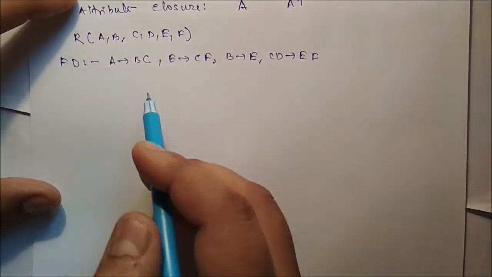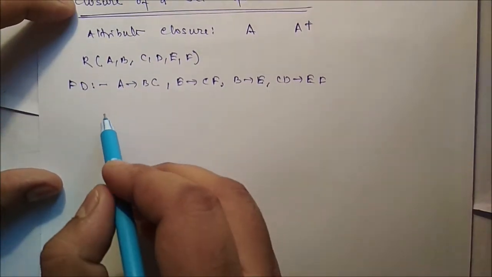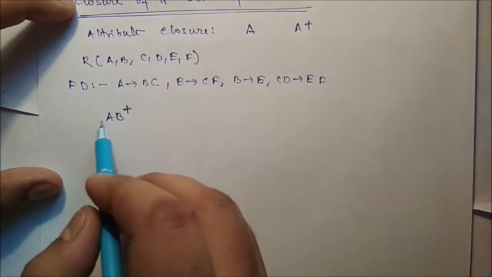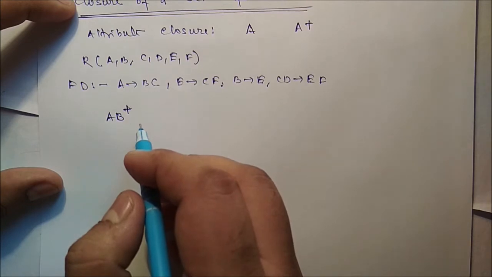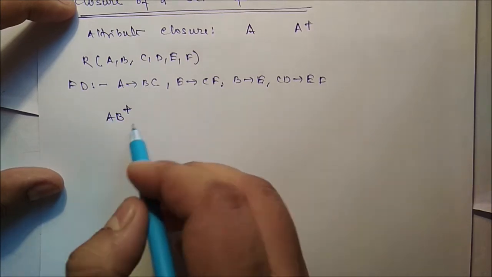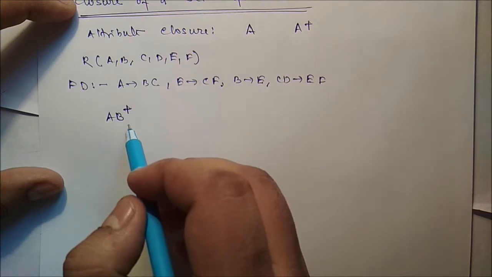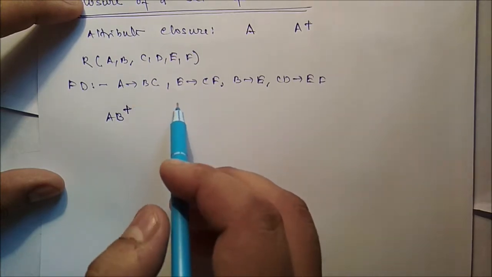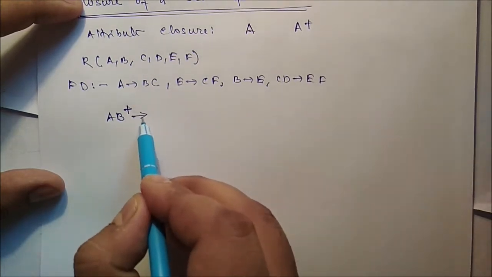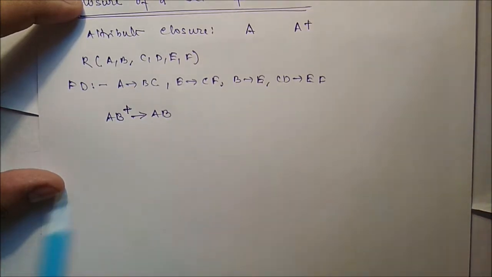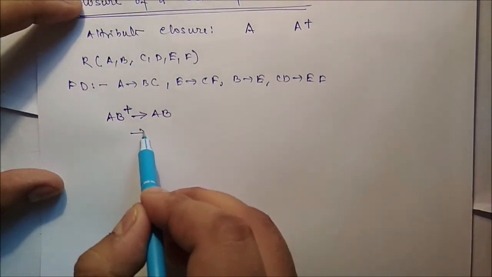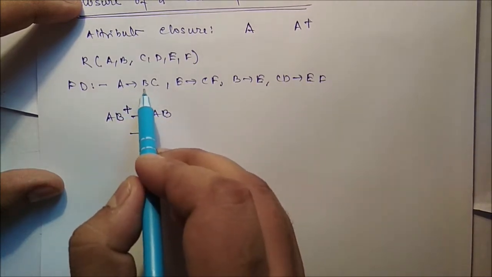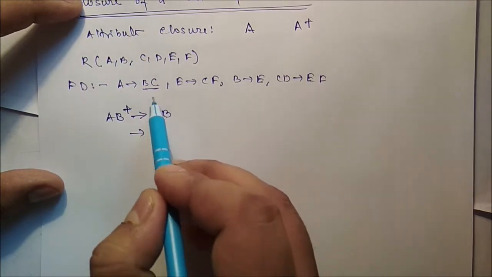So we have to identify, for example, the attribute closure of AB plus. That means using the attributes AB, what attributes can we functionally determine? Using AB we can identify AB, which is self-determination. From A, we can identify BC.